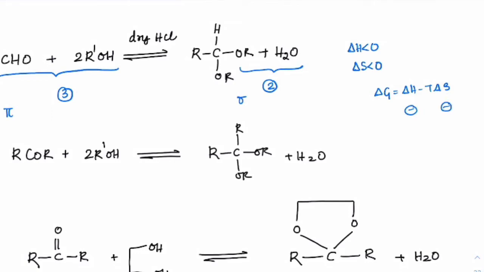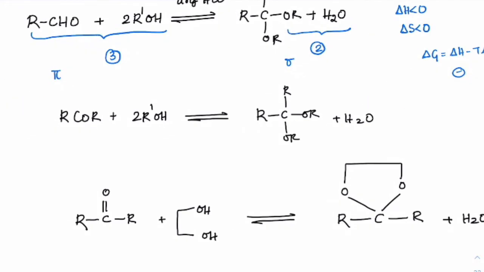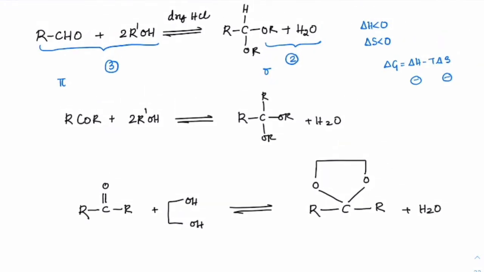So this entropy factor is impacting the spontaneity to drive in the forward direction. If this would have been positive, the reaction would have gone in the forward direction. Got it? The same logic applies to ketones also, and in fact that is the main reason the reaction doesn't take place that easily in ketones.